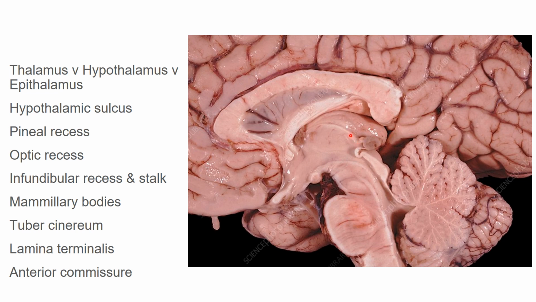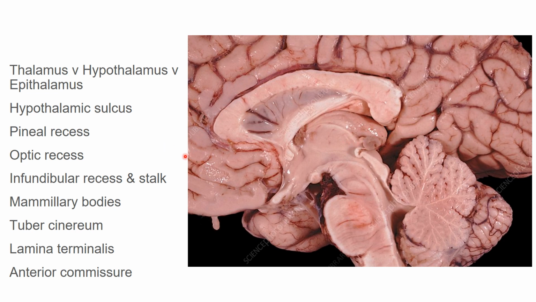And then this is also just a good way to point out all of the recesses. Recesses are just any little divot going inward or deep that you can see, and they're pretty well named, literally sitting right next to these structures. So your pineal recess: if you find your pineal gland, which is here, here's your posterior commissure. This little valley leading into it, that's your pineal recess.